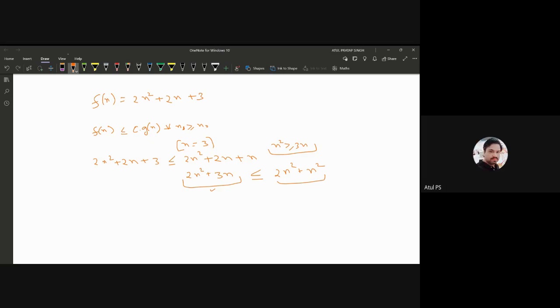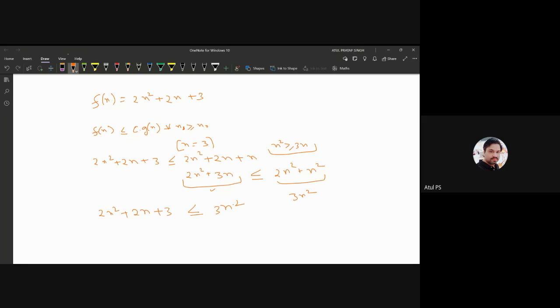Okay, so now we can write this sequence as 3n square. So we have 2n square plus 2n plus 3 less than or equal to 3n square.